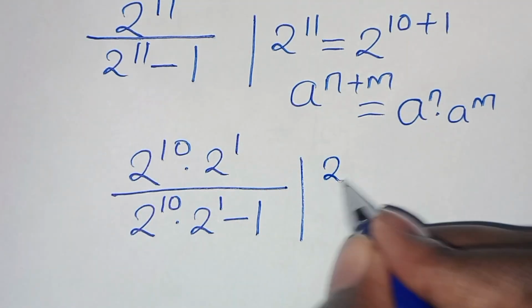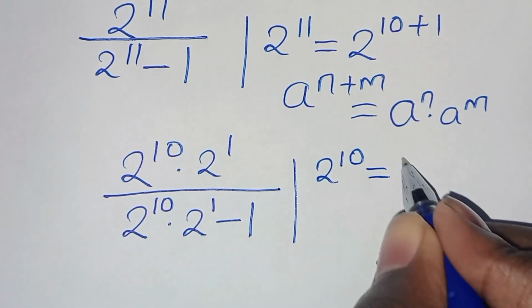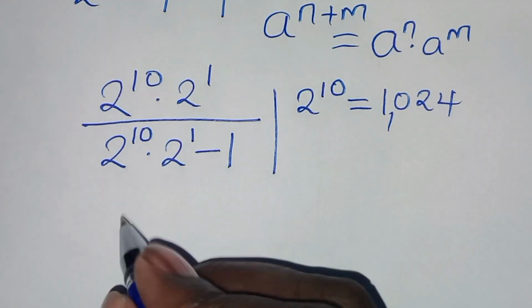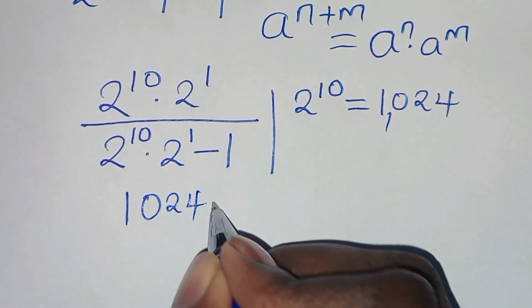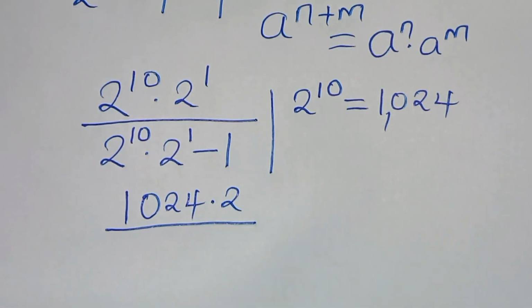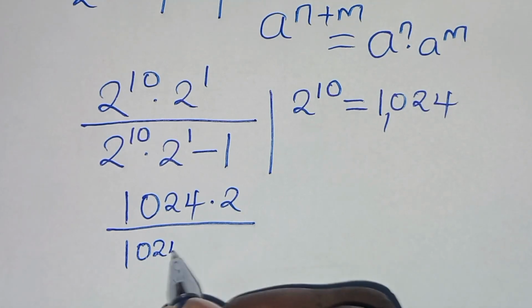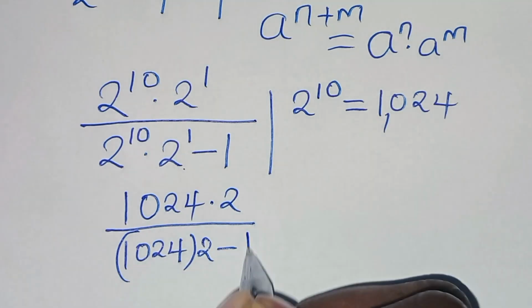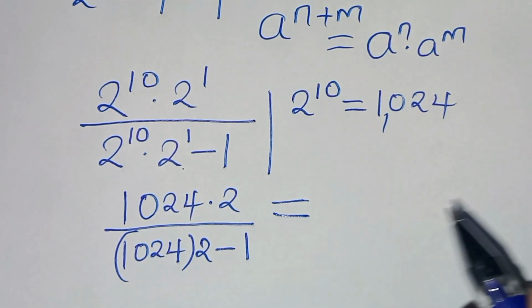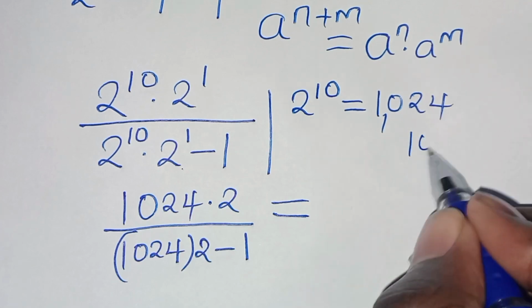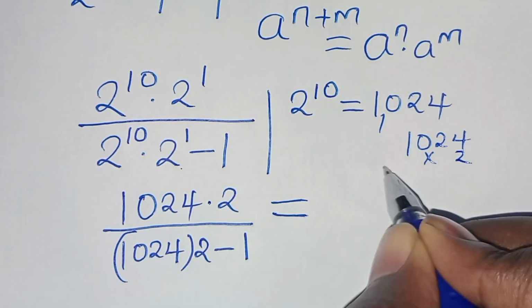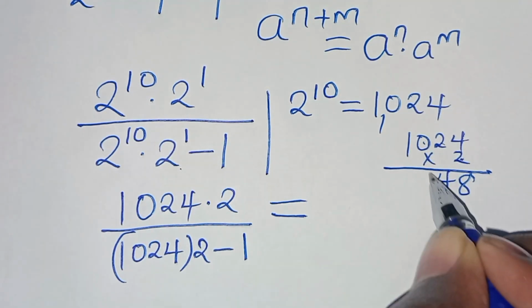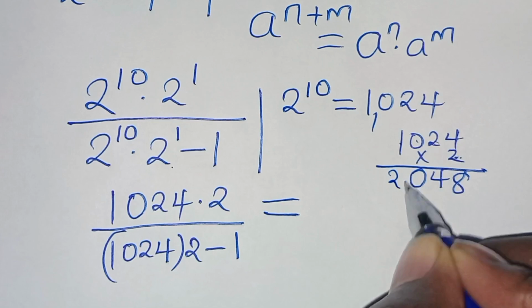Again here, 2 to the power 10 is the same thing as 1024. So in the numerator, we have 1024 times 2, divided by 1024 times 2, then subtract 1. So 1024 times 2: 4 times 2 is 8, 2 times 2 is 4, 0 times 2 is 0, 1 times 2 is 2.